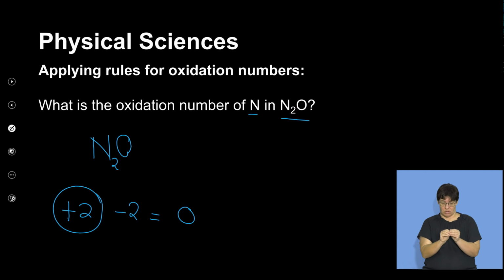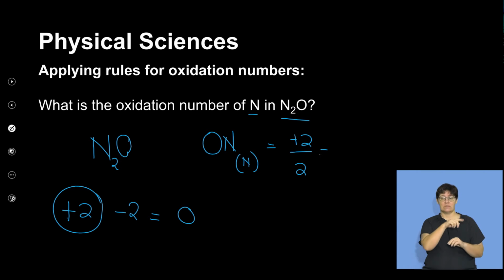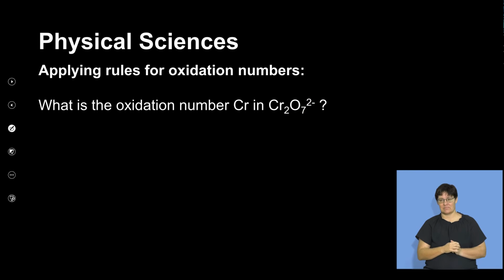And then the unit oxidation number for nitrogen in this case is +2 divided by 2, which gives us +1. Why? Because the +2 is the total for nitrogen, meaning that we've got 2 of them, so each one of them is +1. So that's how we apply the rule.